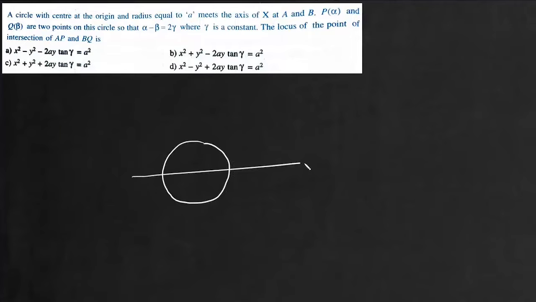with center at origin and it meets the x-axis at A and B. And its radius is a, so A is (a, 0) and B is (-a, 0). Now we have two points P and Q on this circle.